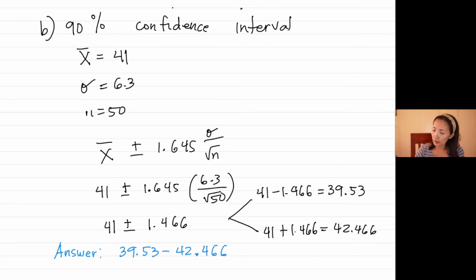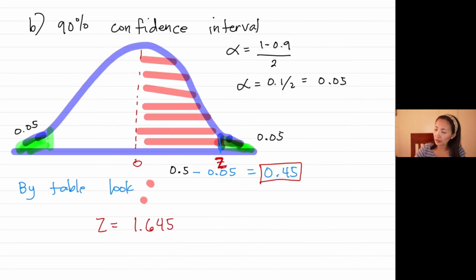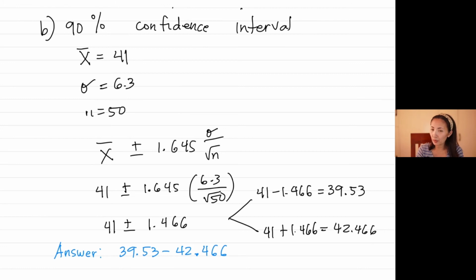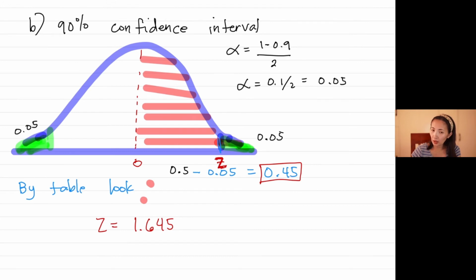So in our previous answer, 39.25 to 42.75, and for letter B, 39.53 and 42.466. Okay, so take note that letter A has a narrower interval.